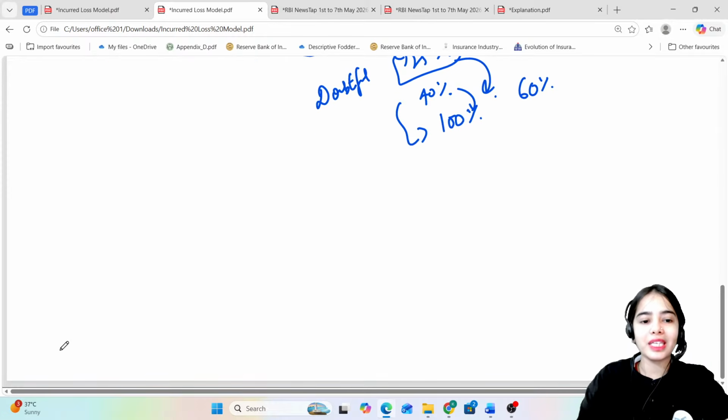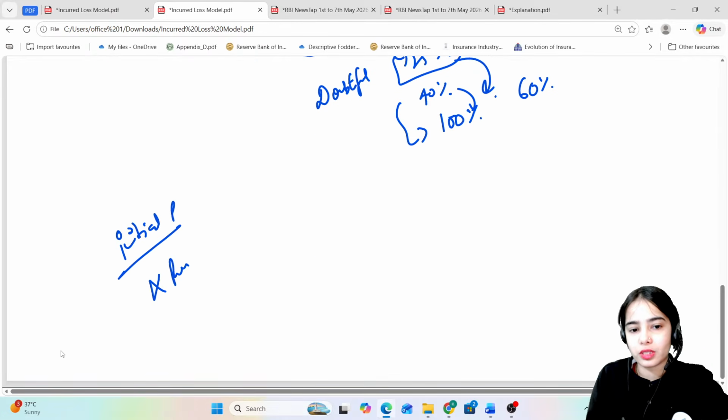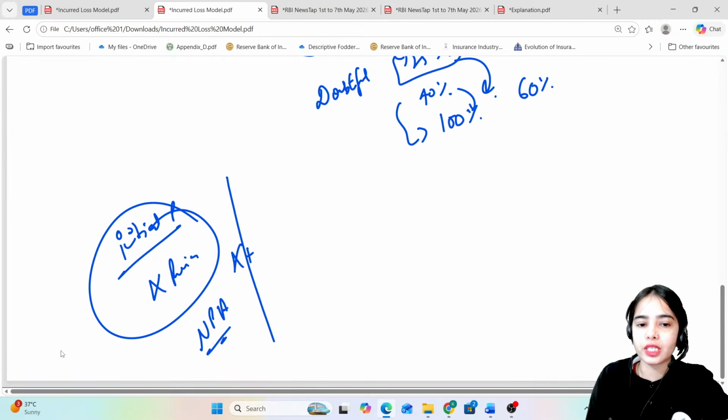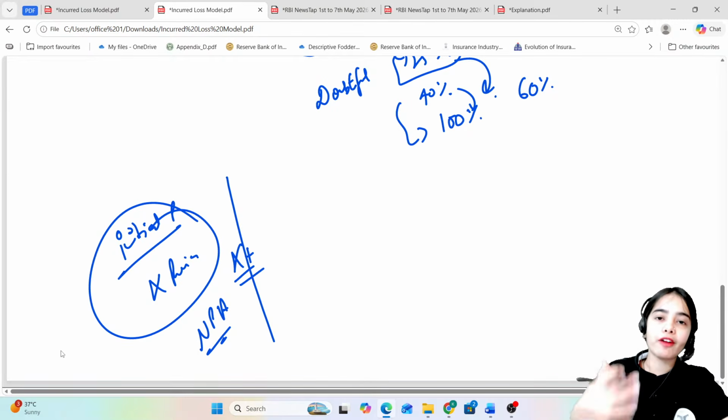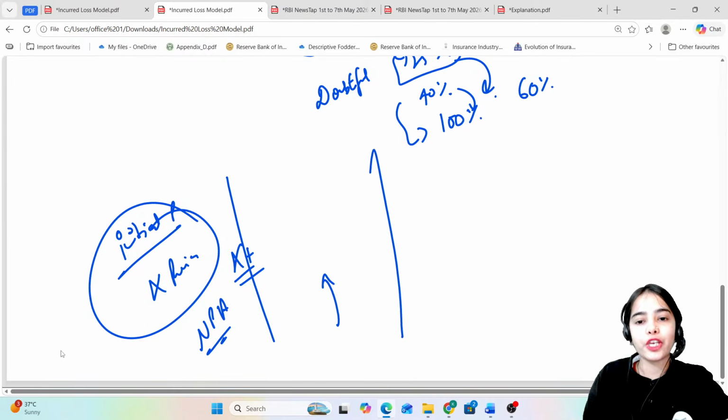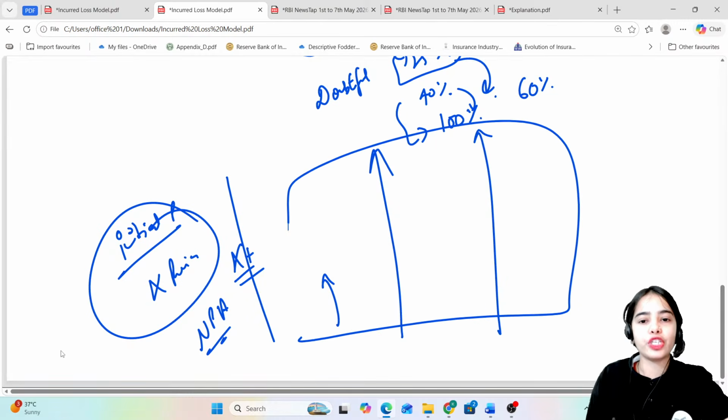So the problem was that in the initial period, there were no provisions. Till the loan becomes NPA, there were no additional provisions that the bank had to maintain. And after the loan has become a substandard asset, and when the loan becomes a doubtful asset, there was a very huge increase in the provisions requirement.